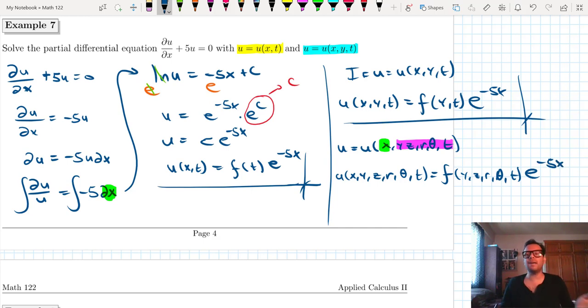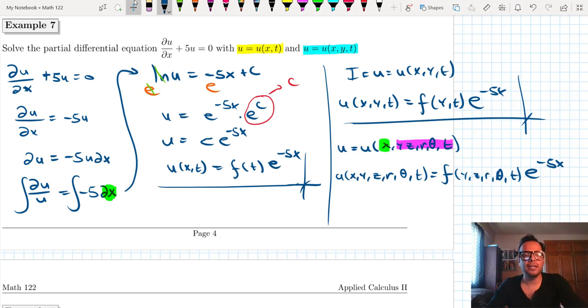You can have as many variables as you want. The only thing you need to keep track of is which variable was being integrated: the partial integration was made with respect to x, and all the other variables are held constant.